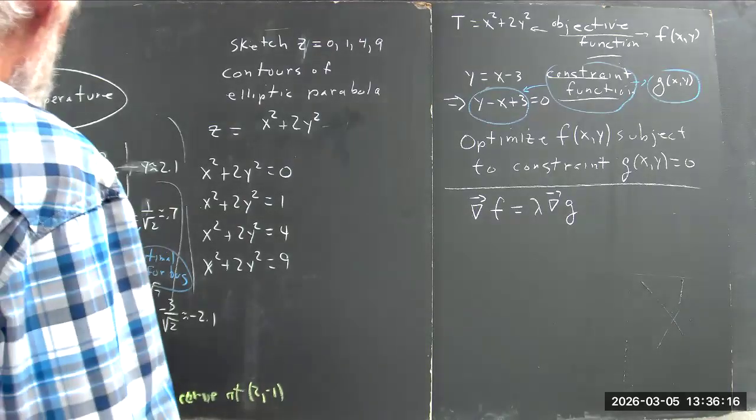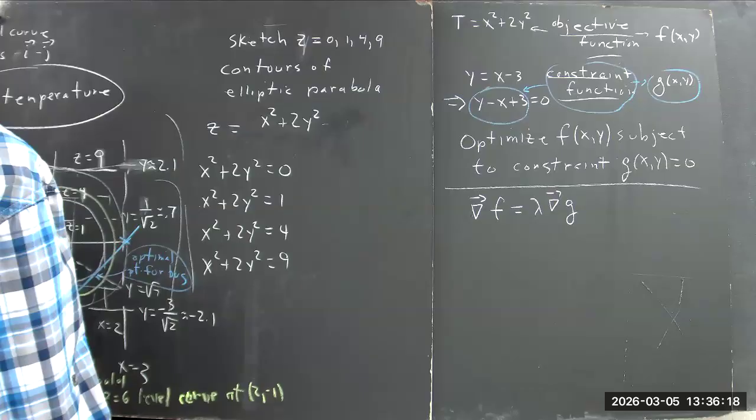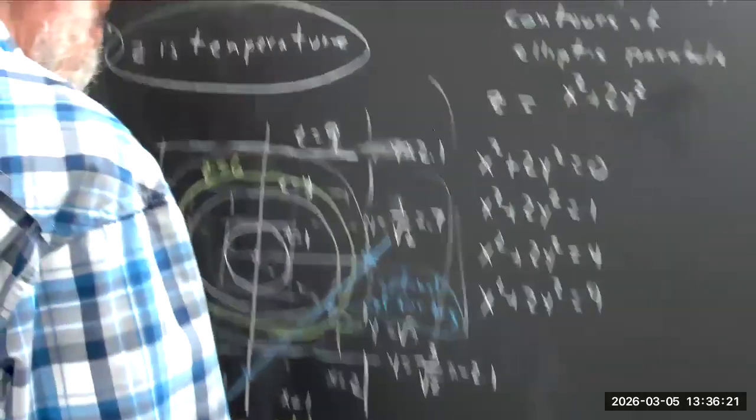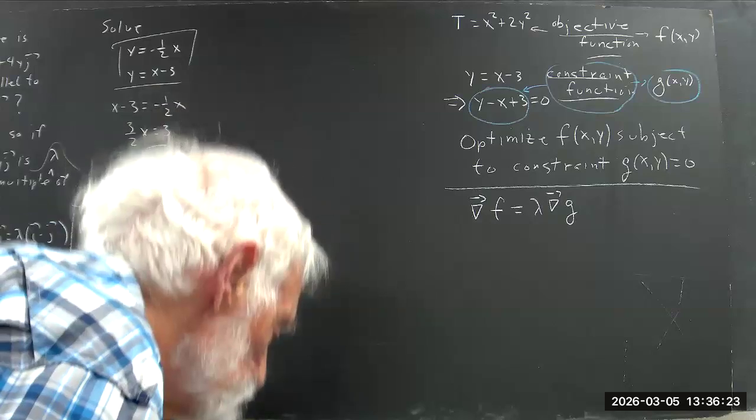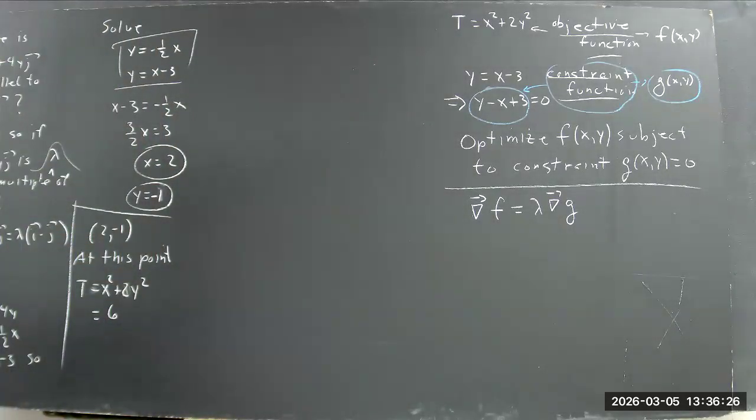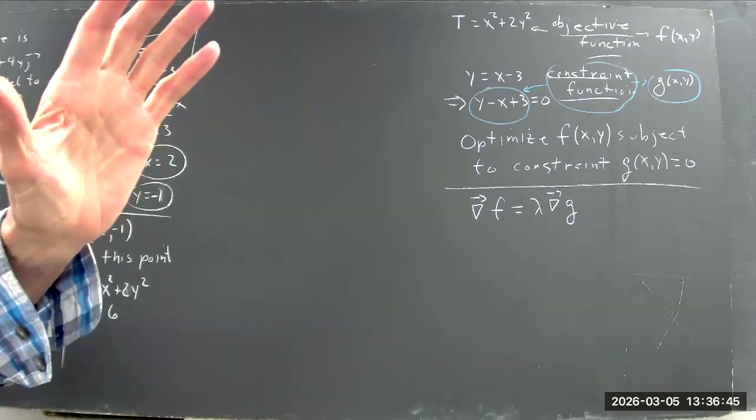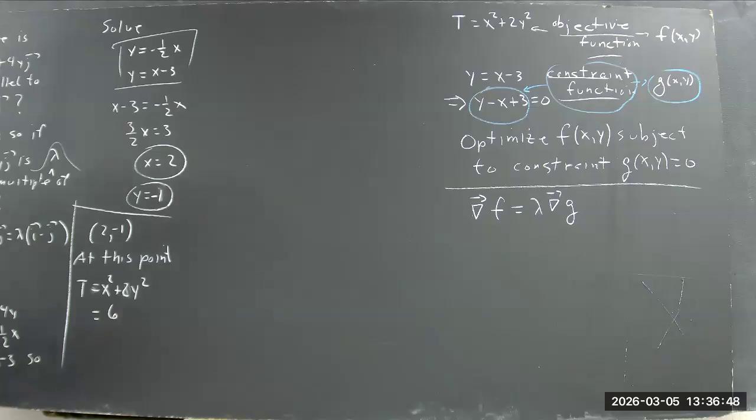Okay, well, we can take all this away because that's what we just did in the calculations. And you can see that what we've done is we've taken the gradient of f, get the 2x i plus 4y j in our example, right? We didn't really do the gradient of g. I just asserted that the slope was -1, which is obvious from the straight line of slope 1, right? I could have done the gradient of g.